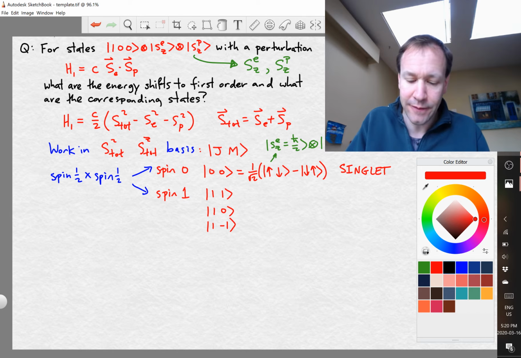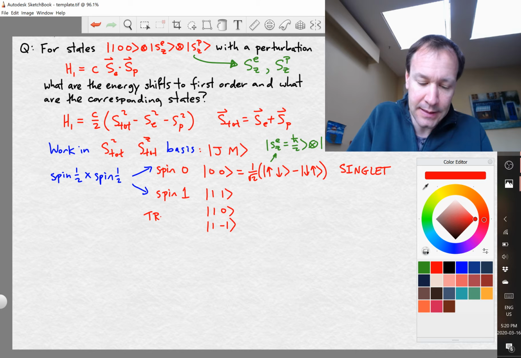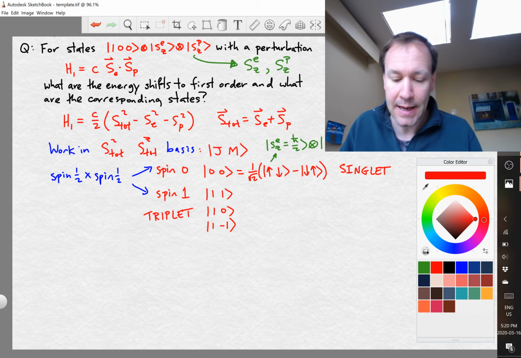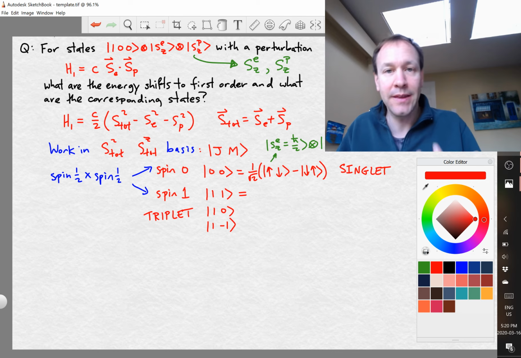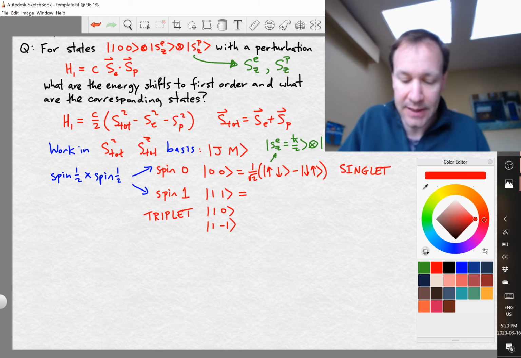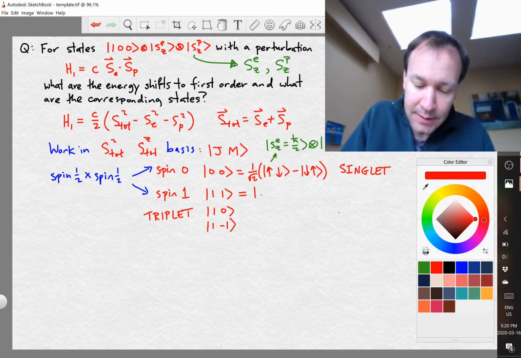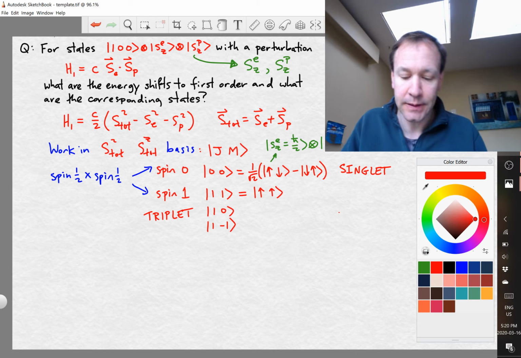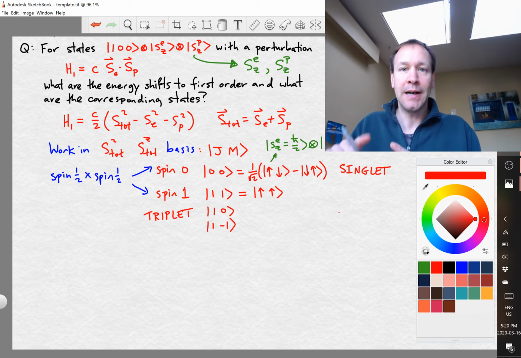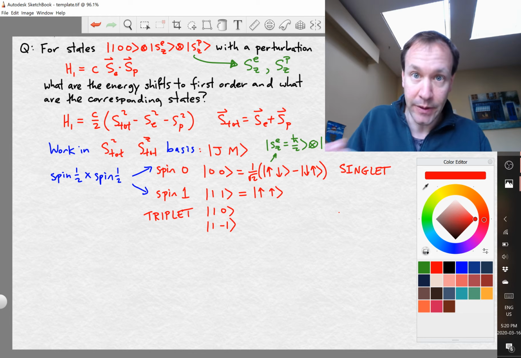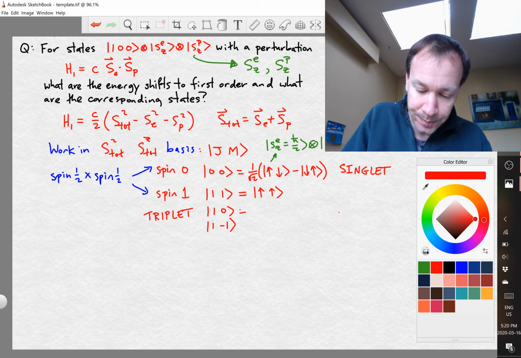The jargon for these is the triplet. We can write those again in terms of our original basis. So the 1,1 state is just up, up. That will give you obviously a Z component of h bar, and a total spin turns out also to be h bar.